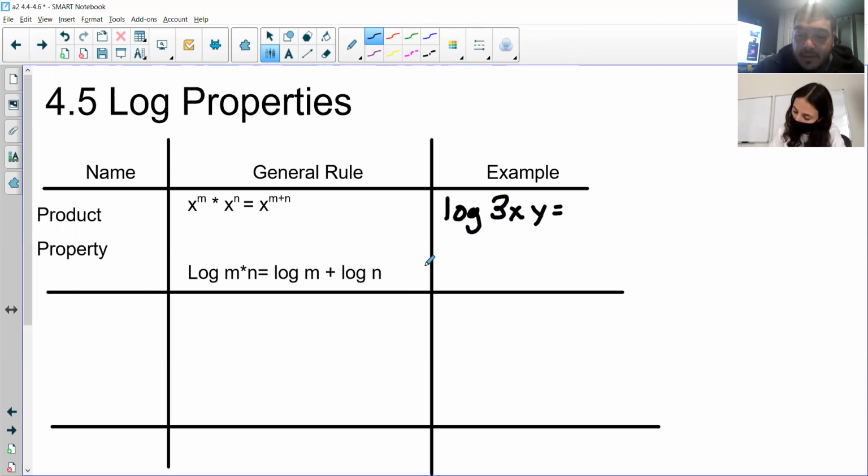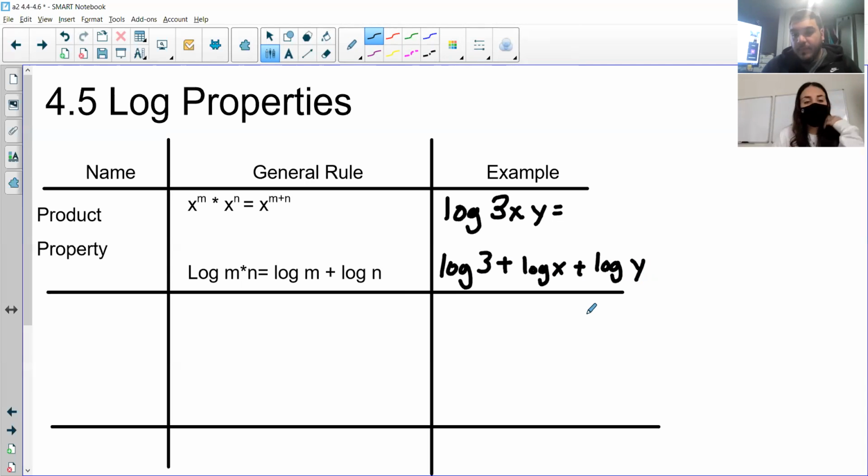So I can rewrite this as log 3 plus log x plus log y. So if you go from one log to multiple logs, that is an expansion. You're expanding it. And then we'll do the reverse later, probably tomorrow or something, where we have this spread out and we'll condense it. But today we'll focus on expanding wholly.